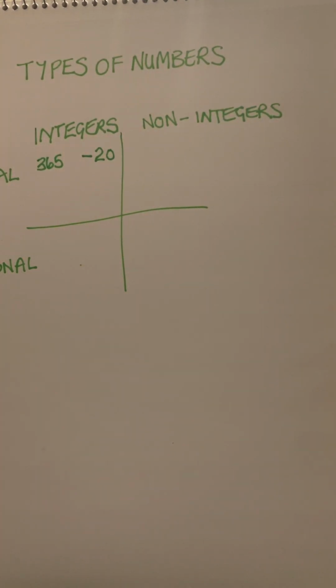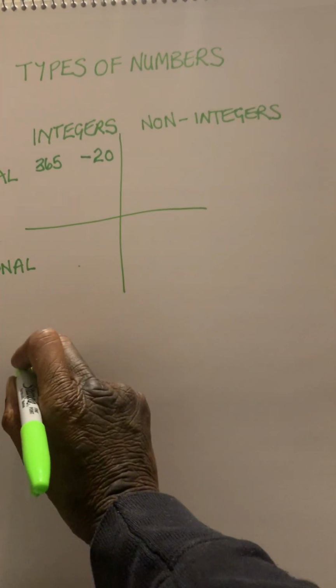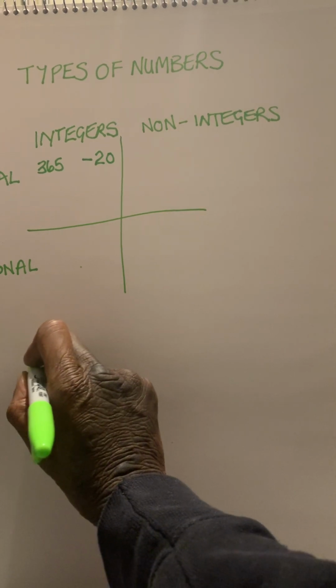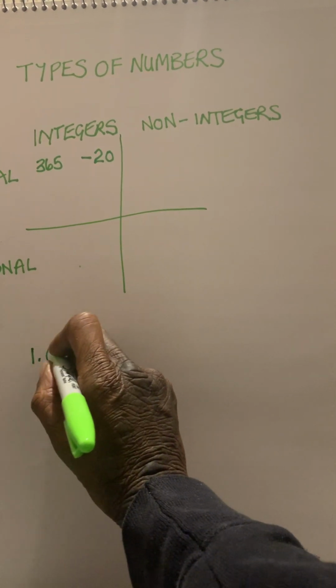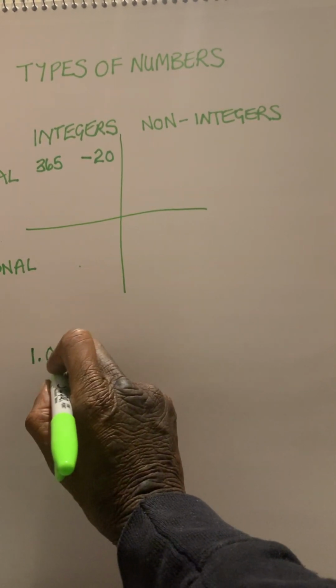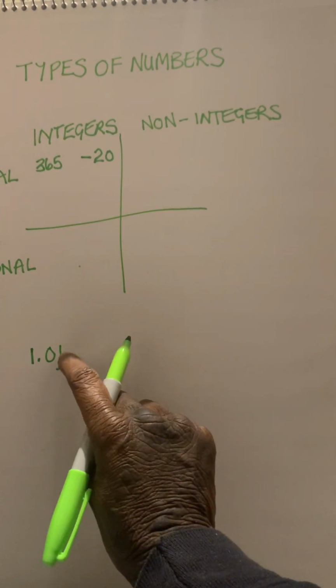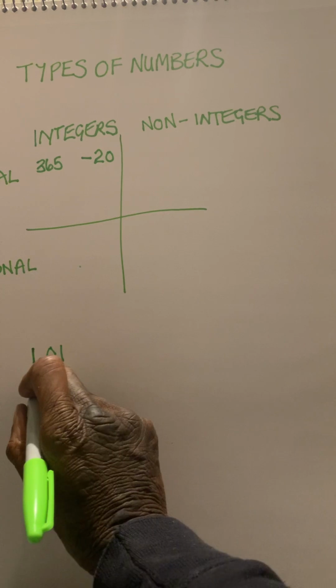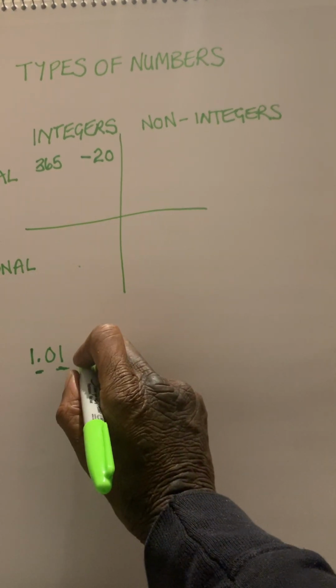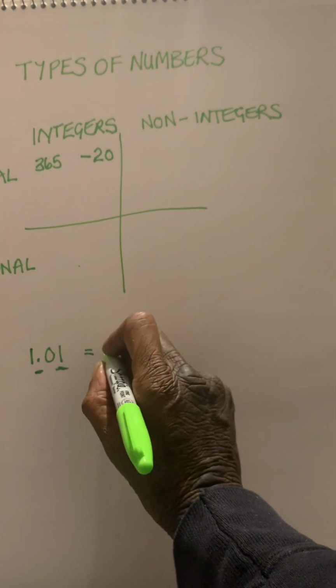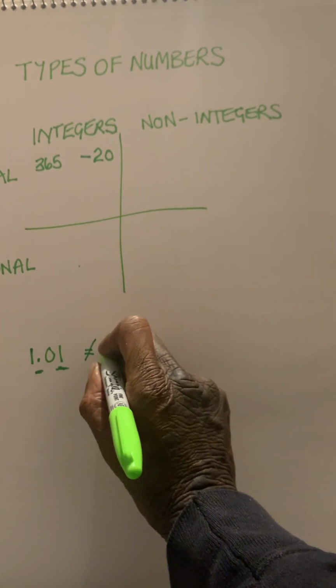So anything that's a whole number and there's nothing after the decimal point. So let's show you that. If it was 1.01, then that shows a digit that's after your decimal point, so that means that is not an integer.